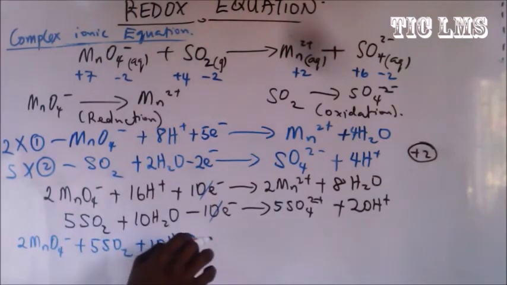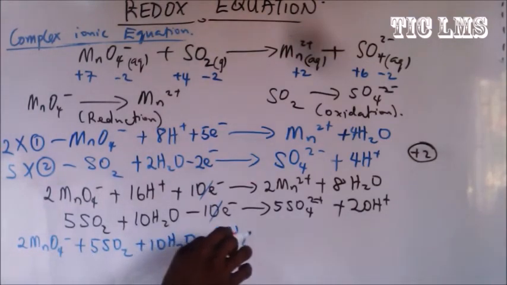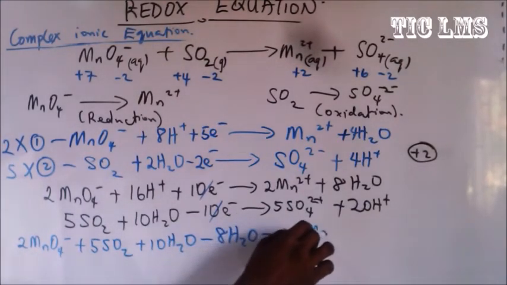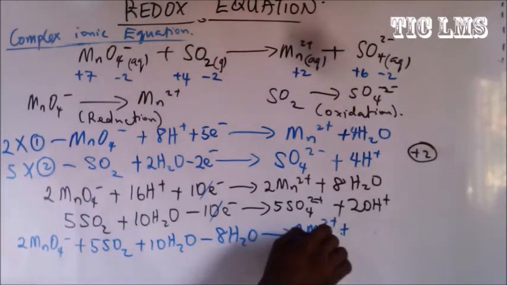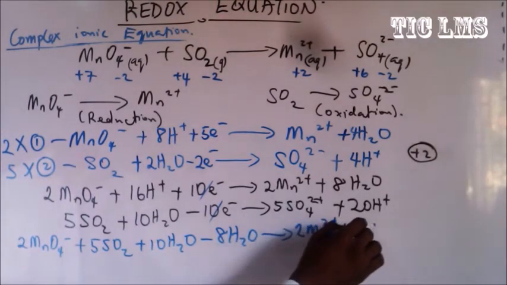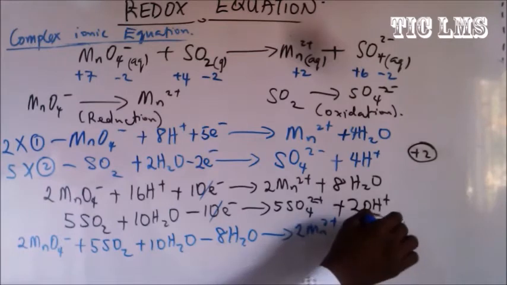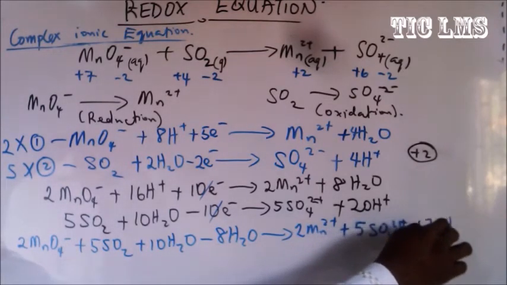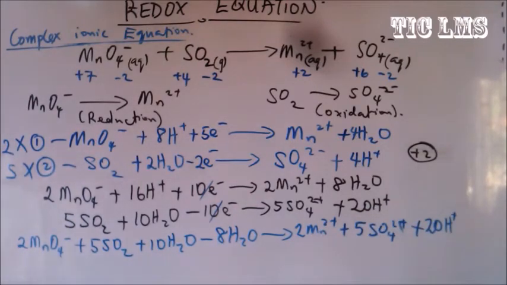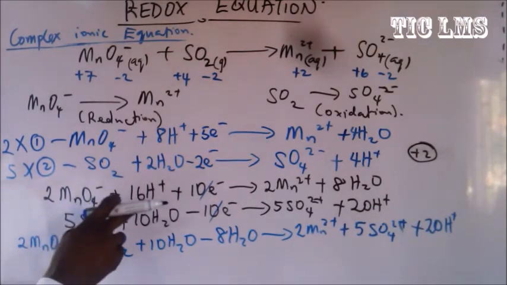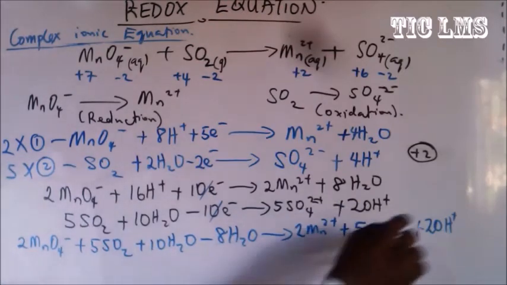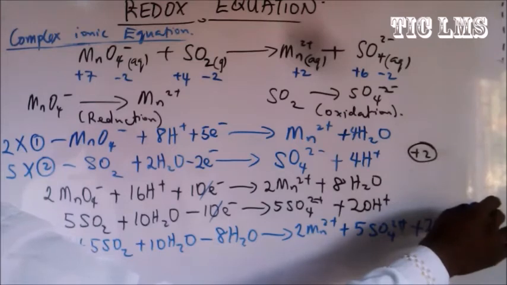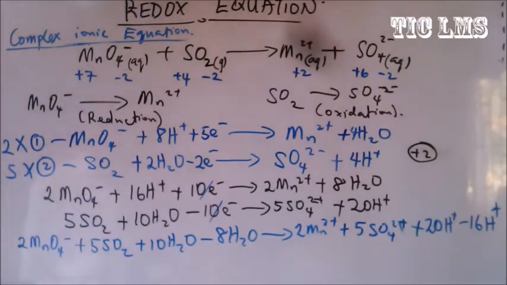And so we have minus 8H2O. And on the product side, we have 2Mn2 plus, 5SO4 2 minus, and then plus 20H plus. And next, we'll bring this 16H plus over to the other side. That will be minus 16H plus. Yes, very long equation.